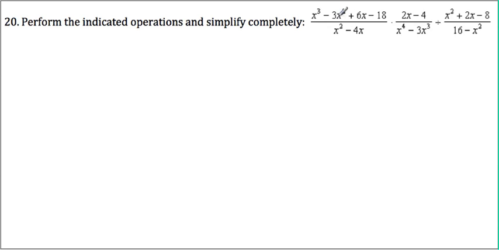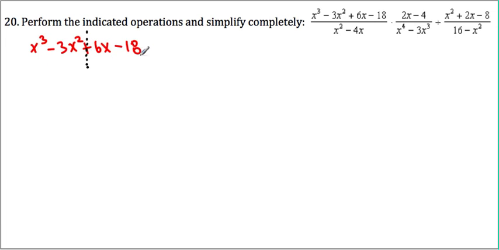All right, let's look at number 20. Let's try to factor one by one and see what happens here. x cubed minus 3x squared plus 6x minus 18. How would you factor this one?